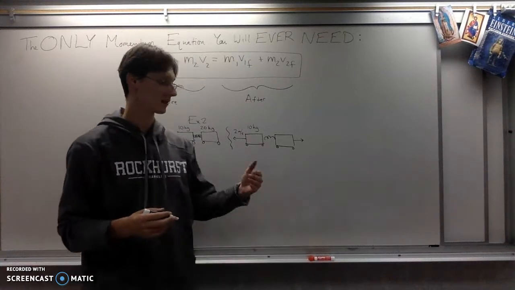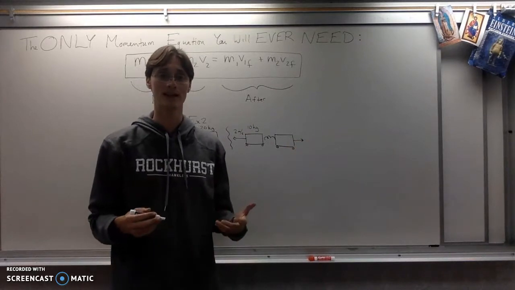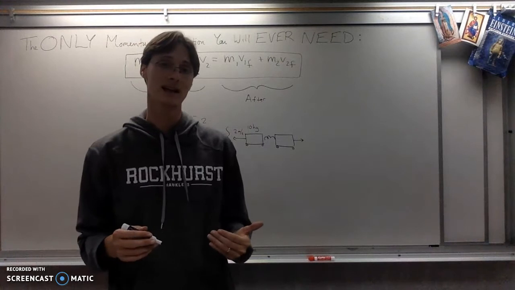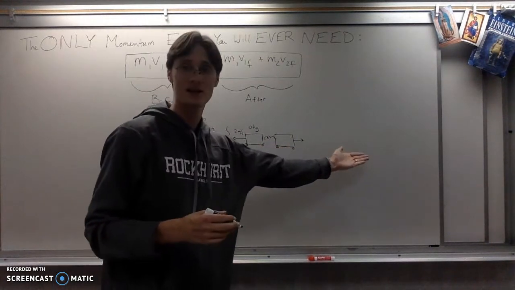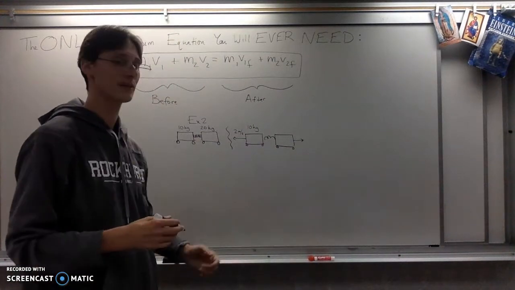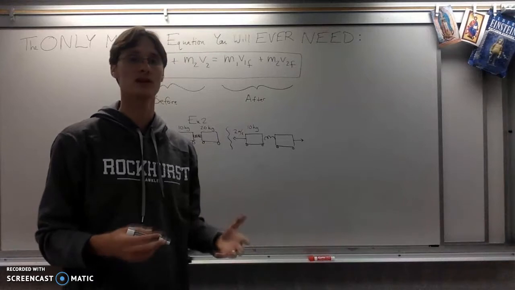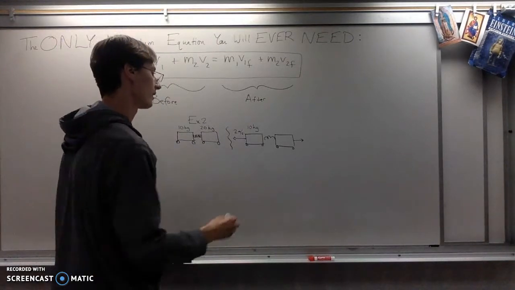So if this one's moving this way and that one's moving the other way, their momenta, that's the proper plural for momentum, have opposite signs. So if this is positive, this one's negative, and they acquire equal and opposite momenta, so the total is still 0.